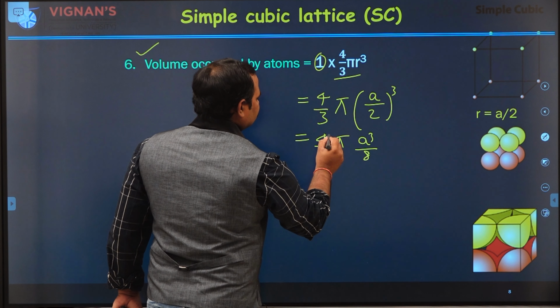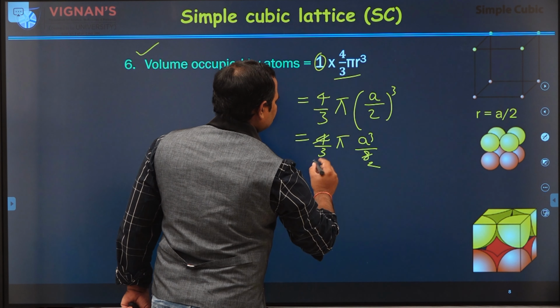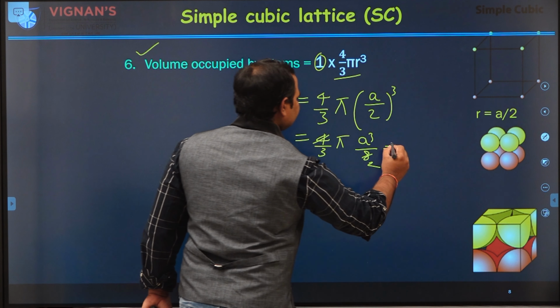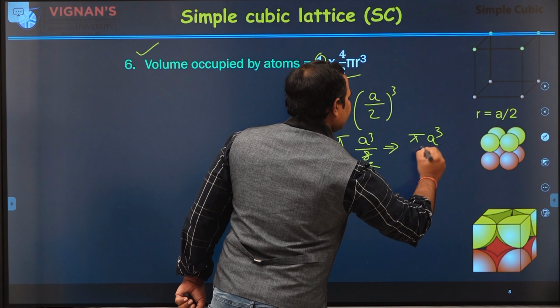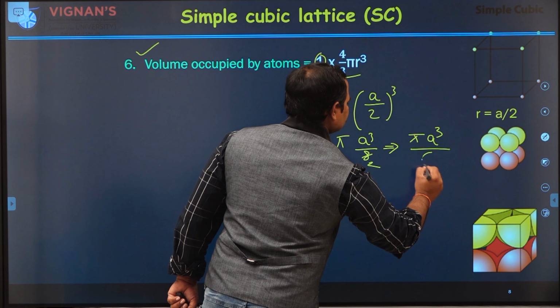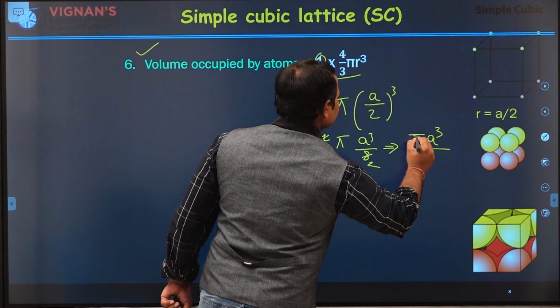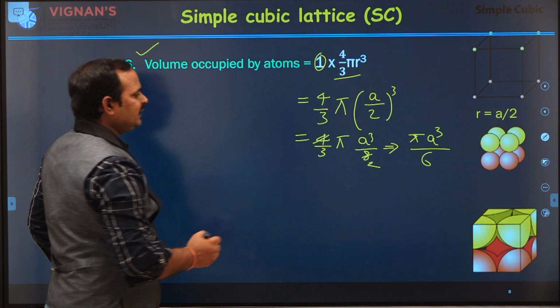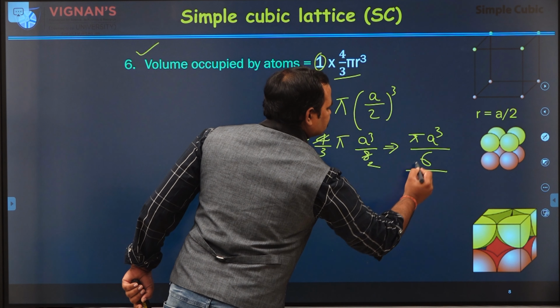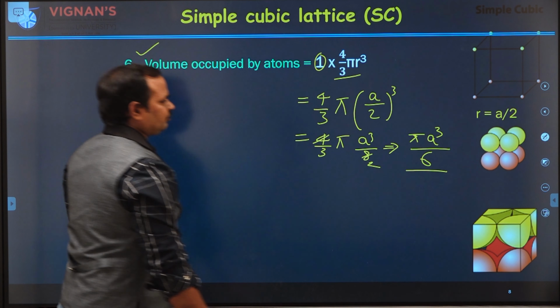So 4 by 2's, we can write pi a cube by 3 into 6, 6. That means the volume occupied by the atoms is pi a cube by 6 in this unit cell.